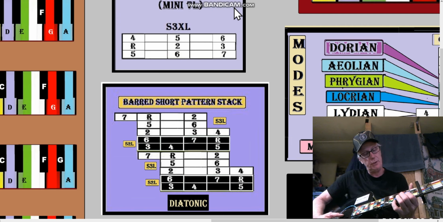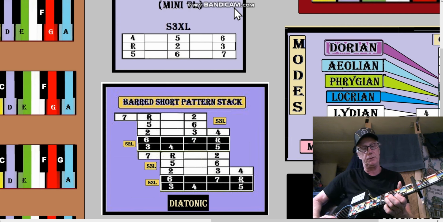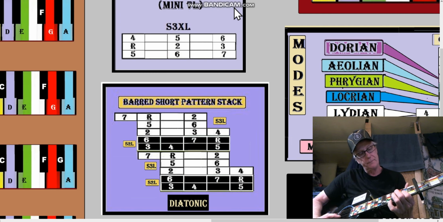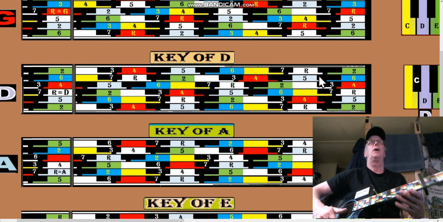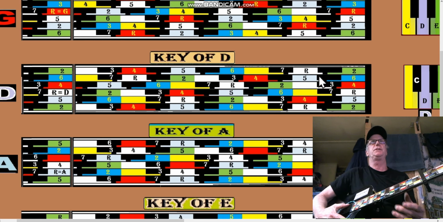Now at that point, this 5, 6 and root 2 is an E shape there. Okay? But it isn't. Oh, it's an A shape. Hang on. Alright, it wasn't E shape, it was C shape.